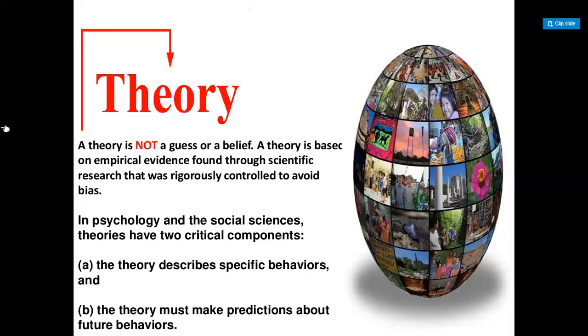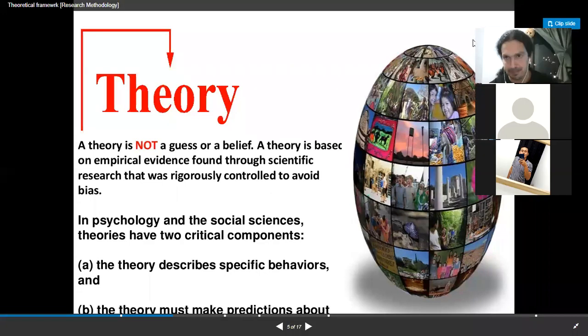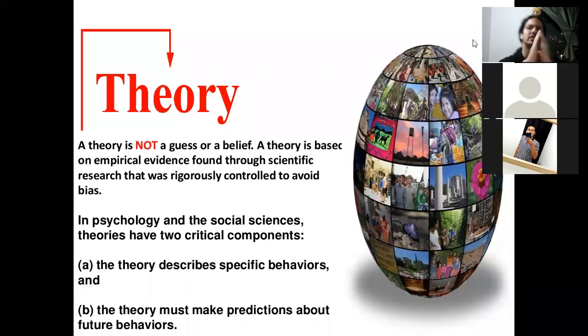So what we're going to take into account here is that the theory is not a guess or a belief. A theory is everything that is found inside the academic world. Every discovery, every study, everything related to that is going to be part of it. For example, if we're going to talk about anxiety and we have five authors talking about anxiety, use them.